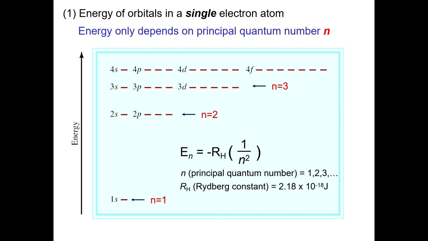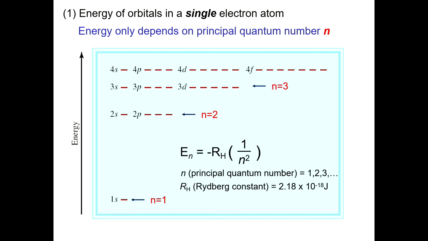Yes. And if the n number is small, what does this mean? If n is small, then 1 over n squared is large. But here there is a minus, so this means it has low energy.